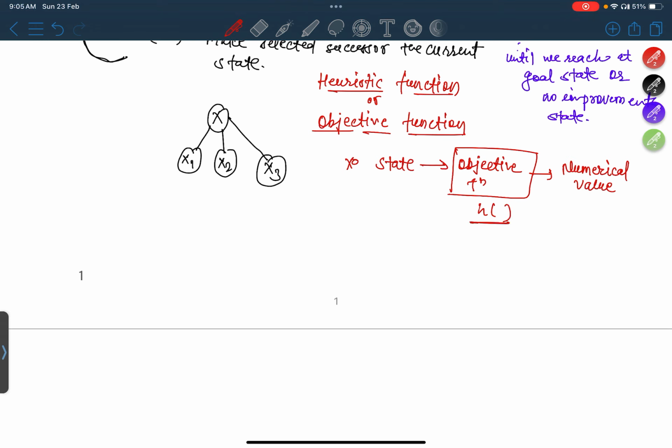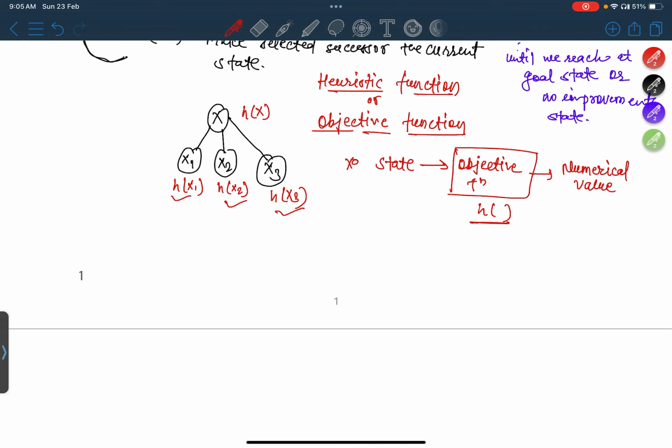For example, this will compute h of x, h of x1, h of x2 and h of x3. And whichever fulfils our criteria, we'll select one out of these successors.